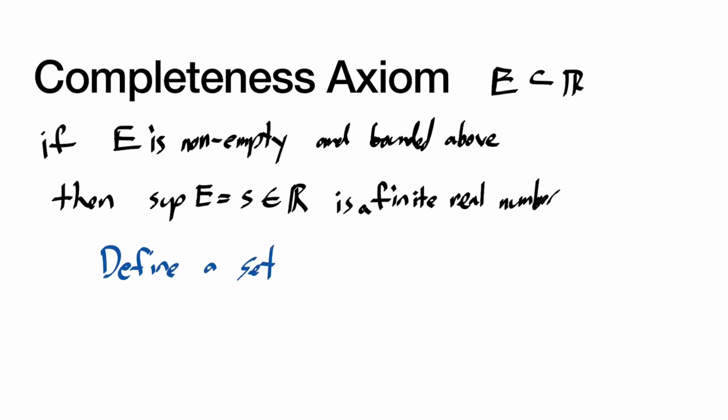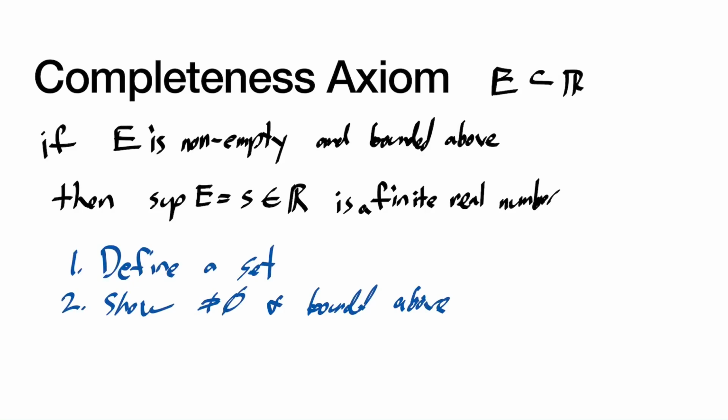We define a set. And what always makes these problems interesting and hard for students is that it's not always clear how you define the set or where this set comes from. But again, this is a fairly common thing that happens throughout mathematics. So the first thing we're going to do is define a set, and then we're going to show that it is not the empty set and that it is bounded above.